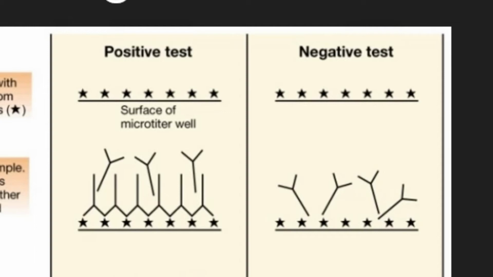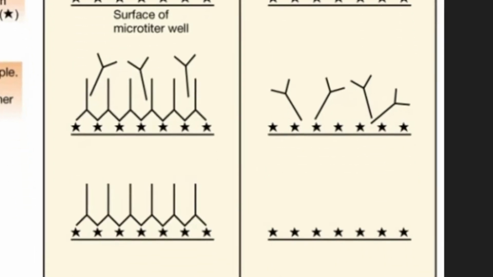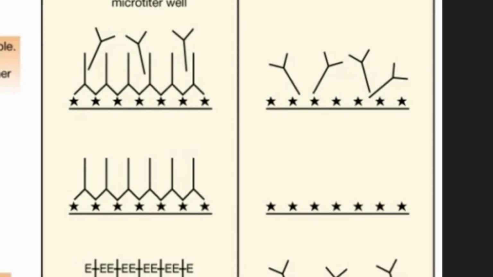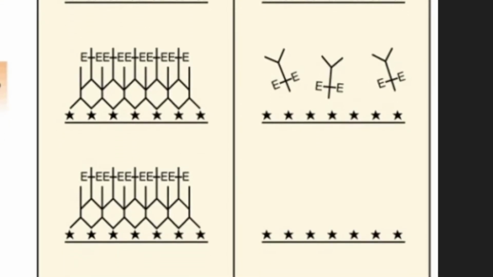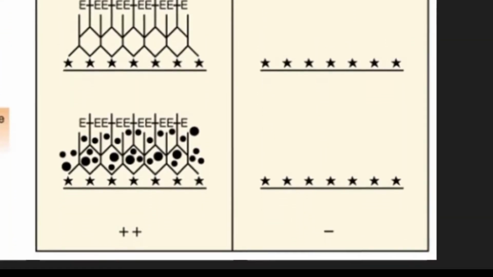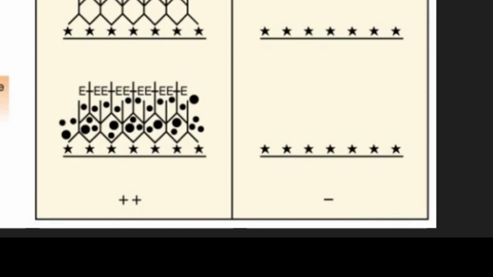If the patient sample contains HIV antibodies, they will bind to the antigen, and then you will add that secondary antibody which recognizes the patient antibody and causes that positive reaction on the left, and the lack of that reaction on the right gives you a negative test. Positive on the left is still invisible at this point, but remember the enzymes that are linked to that antibody in an enzyme-linked immunosorbent assay will convert colorless substrate into a colored product and give you a visible result.